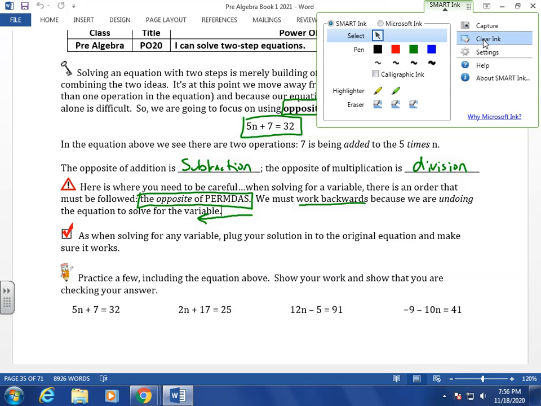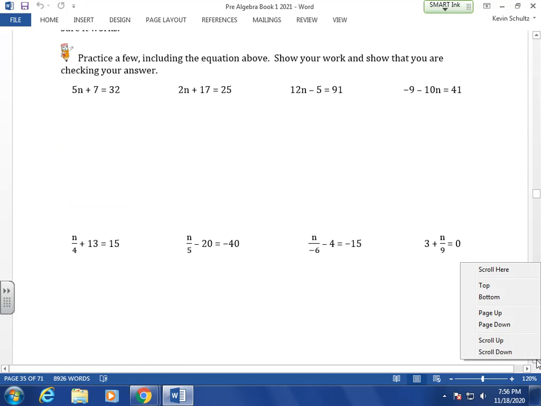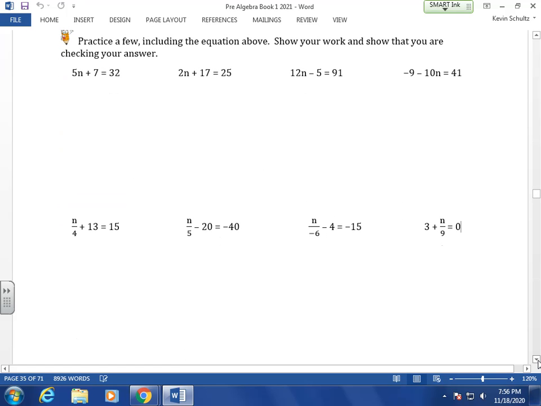So let's look at and do the work for 5n plus 7 equals 32. Okay? We're going to start with that constant, the number without the variable, and I see I'm adding 7. So I'm going to start by subtracting 7 from both sides. 7 minus 7 is 0. We do that so we can cancel it out.